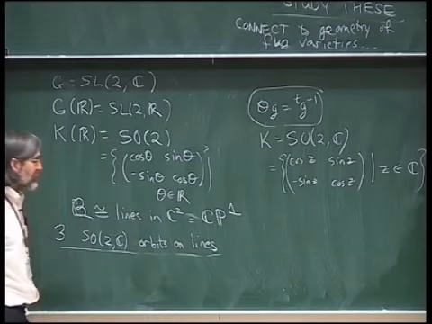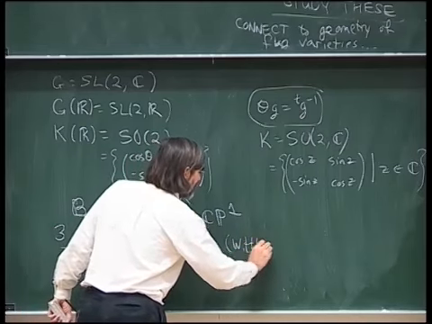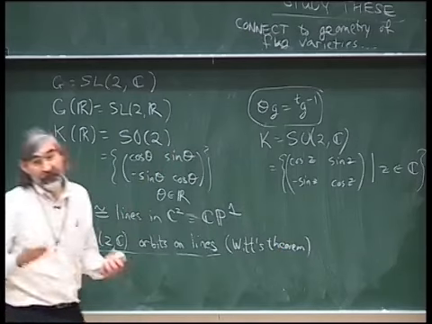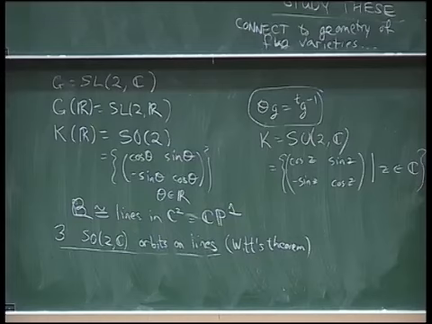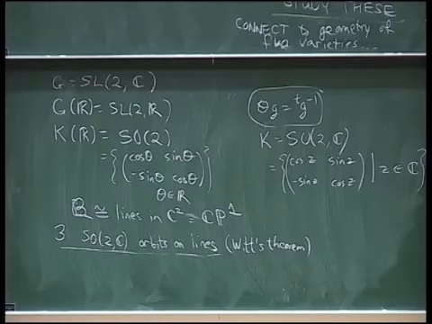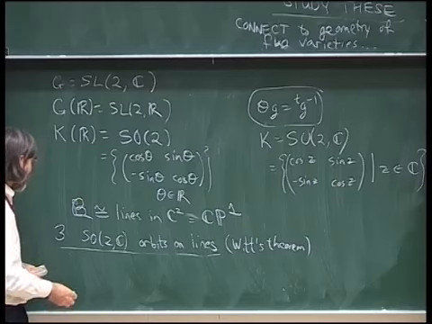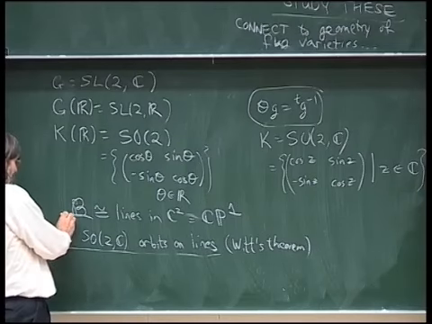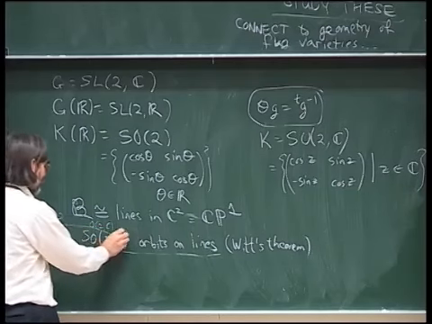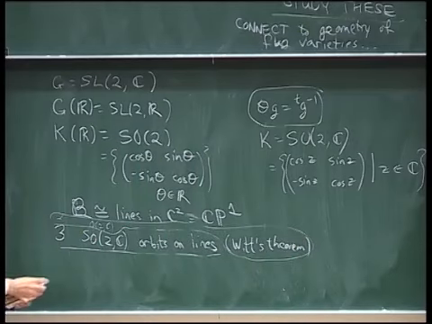The fact that there are three orbits is essentially Witt's theorem. Because when I talk about SO2, I'm talking about a quadratic form on a two-dimensional vector space, and I want to know what a line can look like with respect to a quadratic form. Really, Witt's theorem says that there are two O2C orbits, but that's all right.